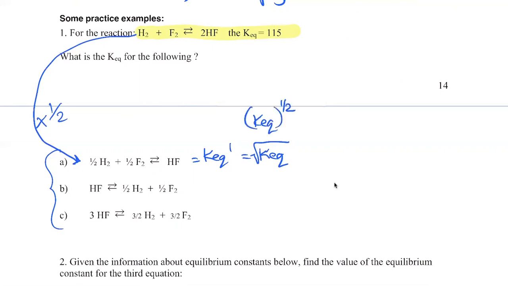So remember, when you multiply by a coefficient, that coefficient is going to become an exponent. So now we can put that number in. So square root of 115 is going to be the KEQ for this reaction, which is going to come out to 10.7.